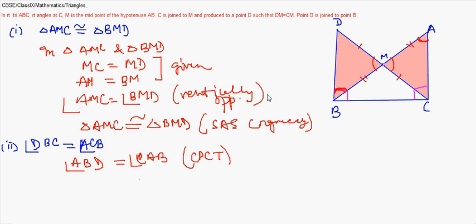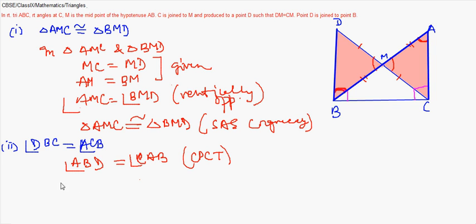Now AC and BD are two line segments on which AB is a transversal. Let me highlight that figure. If you look at this and observe it carefully, these are two line segments CA and BD, and these two form alternate angles. If these two are alternate angles, that makes AC parallel to BD.